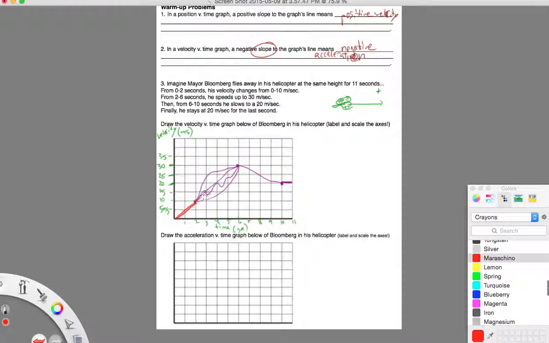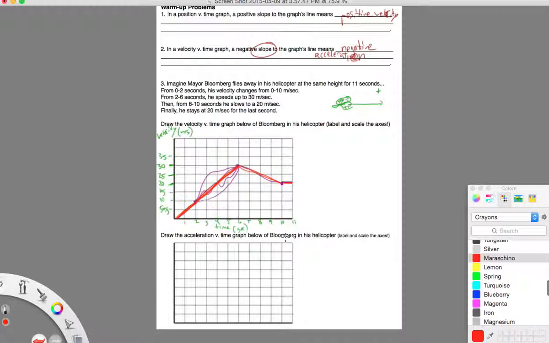Straight-ish. This is actually the same line. And then I'm going to make this like that, as straight as I can make it. Okay. And this is going to be straight as well. All right. I think this makes sense. From 2 to 6, it's like that.